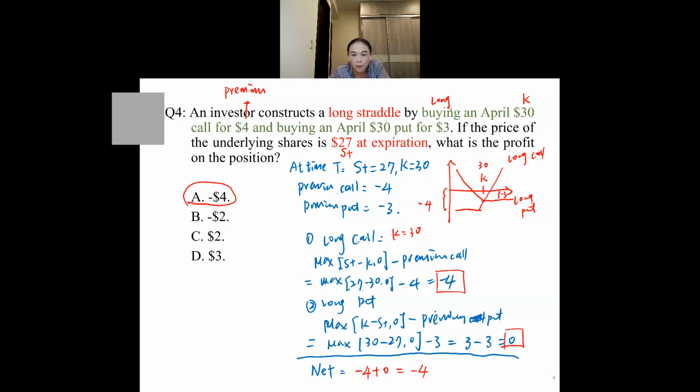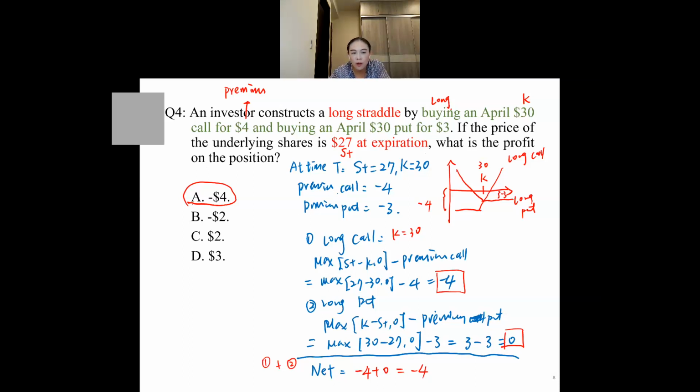This is out of the money, so your call option ends up with minus $4. Your long put is maximum of K minus ST, 0, minus your premium. K is 30 and ST is 27, so you earn $3. Minus 3 is 0. Net is position 1 plus position 2, so minus 4 plus 0. The answer is minus 4.